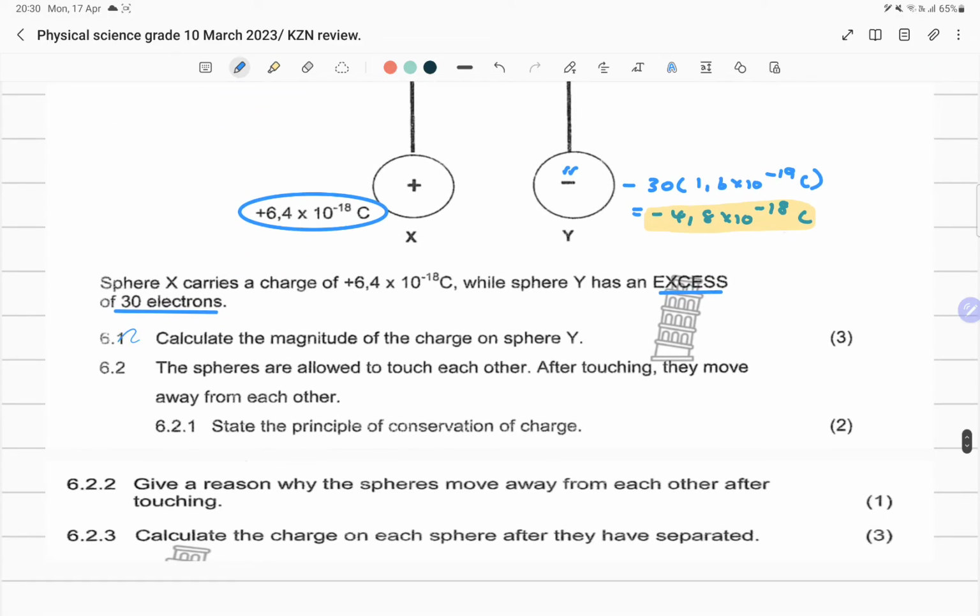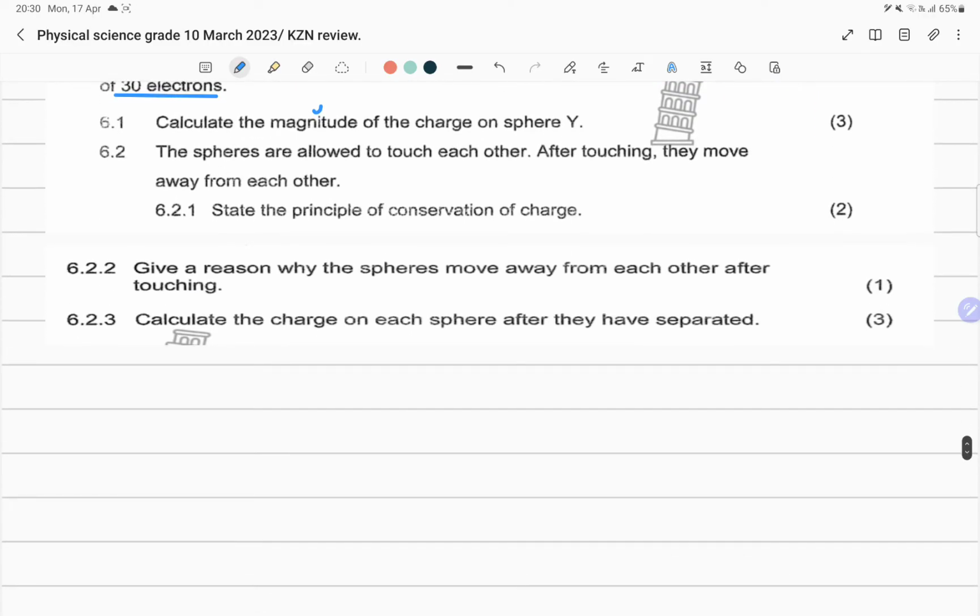Okay, the first question says, calculate the magnitude of the charge on sphere Y. We just did it, so that's fine. So 6.1, we can say Y is going to be 30 into minus 1,6 times 10 to the minus 19 coulombs. But of course, when you substitute, you don't really have to write it down.